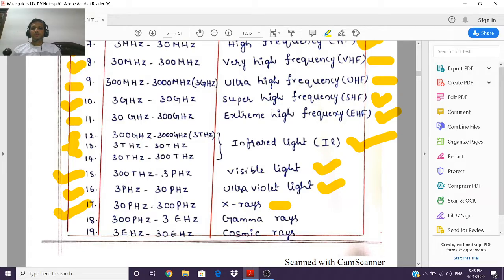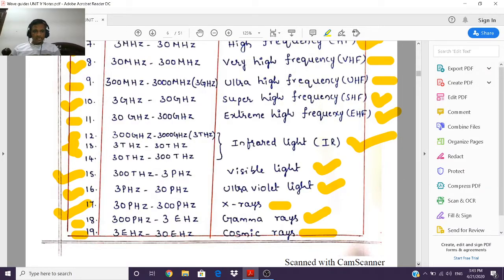Everybody has to remember this. Then 300 peta to 3 exa, where exa means 10 power 18, and 3 exa to 30 exa are called cosmic rays. So the CCIR has given up to 30 exa, but anything further we will also call cosmic rays only.